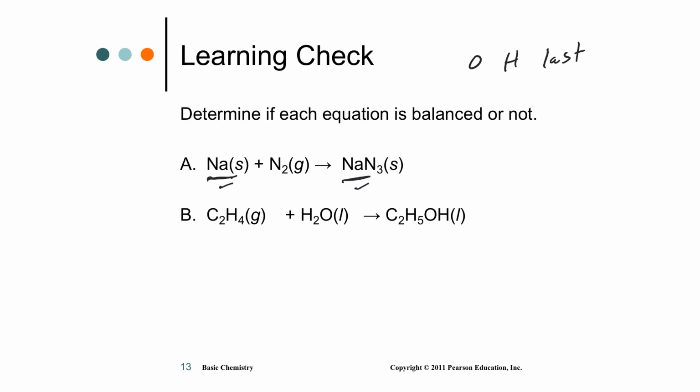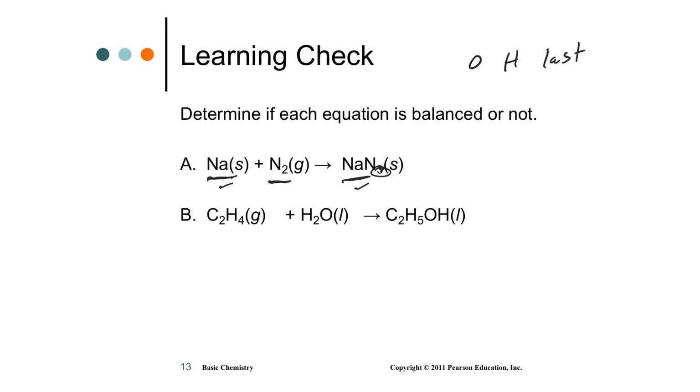I come over here, I've got 2 nitrogens because nitrogen gas is diatomic, means it's always going to be 2. H2, N2, O2, and then the group 7, fluorine, chlorine, bromine, iodine are diatomic. So this is N2. But over here I have a 3.